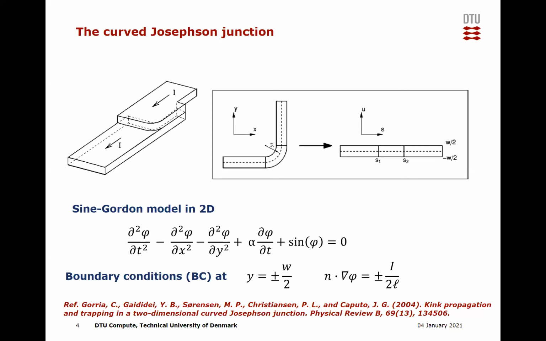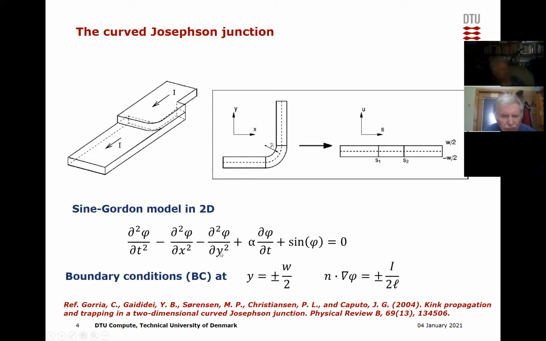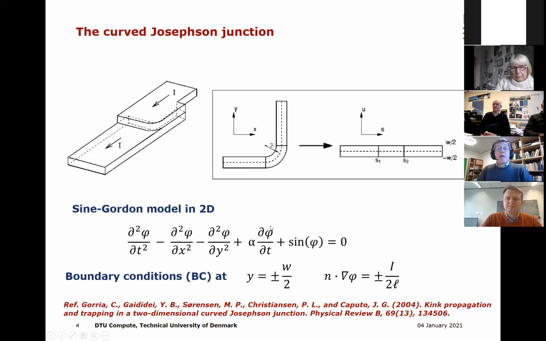And the model for this is the sine-Gordon equation, which is written here, and we are actually considering a Josephson junction which is so wide that we also need to take into account the direction perpendicular to the center line. So that is the y direction here. And then we have added damping.